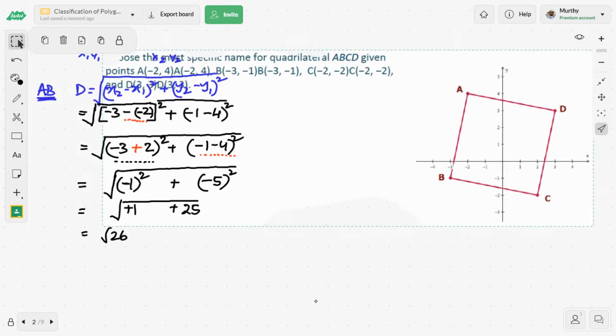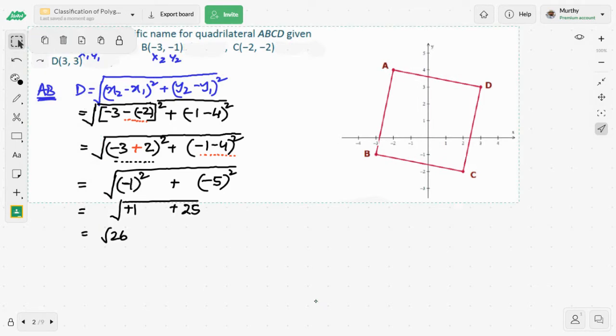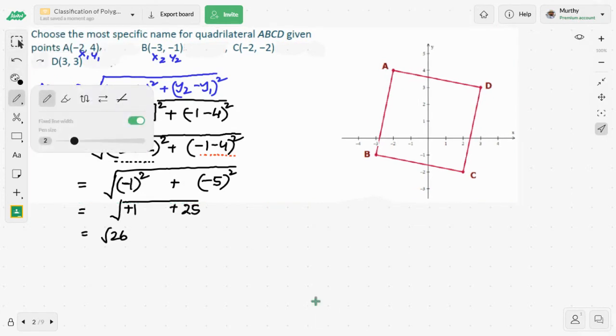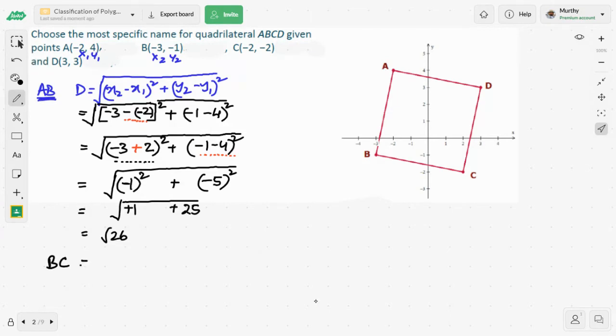Again, I'm sorry, I have to find BC. Let me write the formula once again. This time I'm trying to find the length of BC. The distance formula: x2 subtract x1 whole square plus y2 subtract y1 whole square, under the square root.